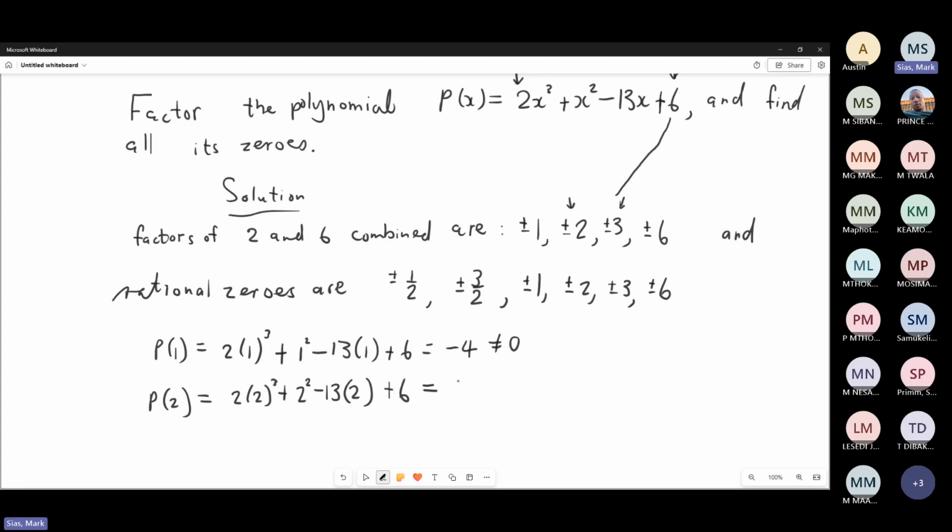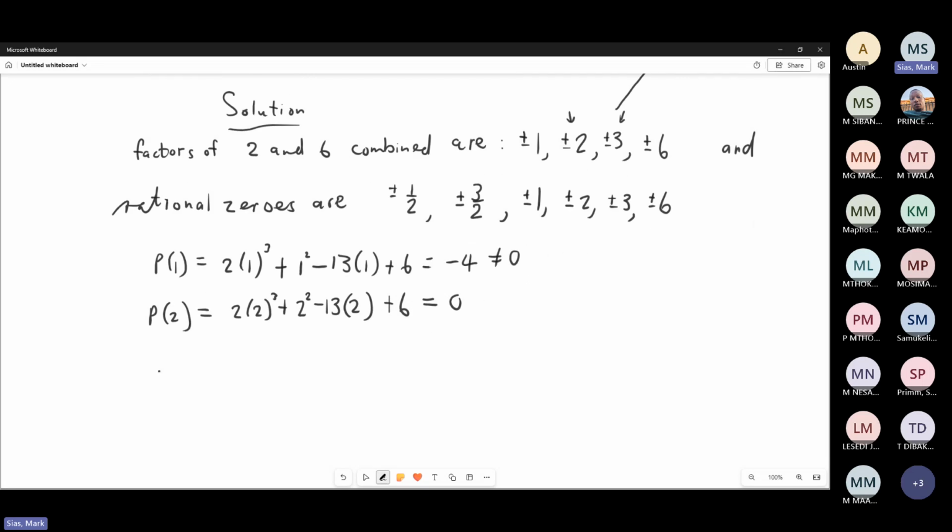And they say this one is 0. Let's check. So it's minus 26 plus 6 gives us minus 20. Plus 4 is minus 16, and 2 to the 4 is 16, so this is 0, right? Therefore, this 2 says to us that x minus 2 is a factor by the factor theorem, is a factor of P of X.